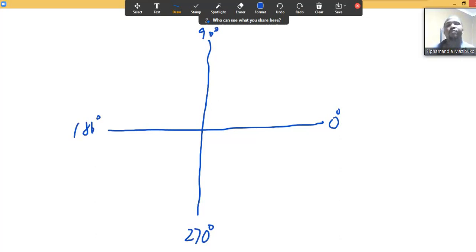You can see the difference between them is 90. From here to here it's 90 degrees, and this would be 90 degrees, and that would be 90 degrees, right?